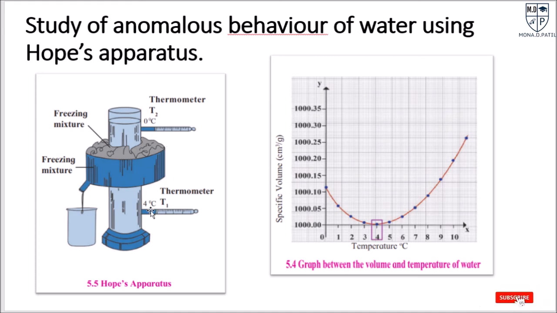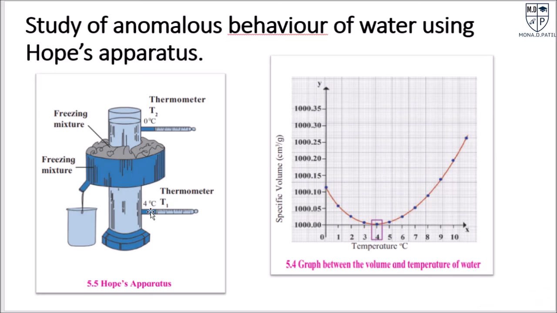T1 shows a rapid fall in temperature, and this continues until the temperature of water becomes equal to 4 degrees Celsius. When the temperature of water decreases below 4 degrees Celsius, its volume increases and its density decreases. It therefore moves in the upward direction.